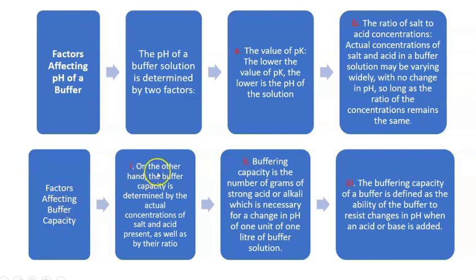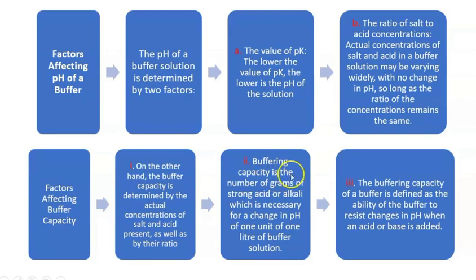Number 1, buffer capacity is determined by the actual concentration of salt and acid that is present. The concentration of the salt to that acid, if you can remember that equation again, will affect buffering capacity.